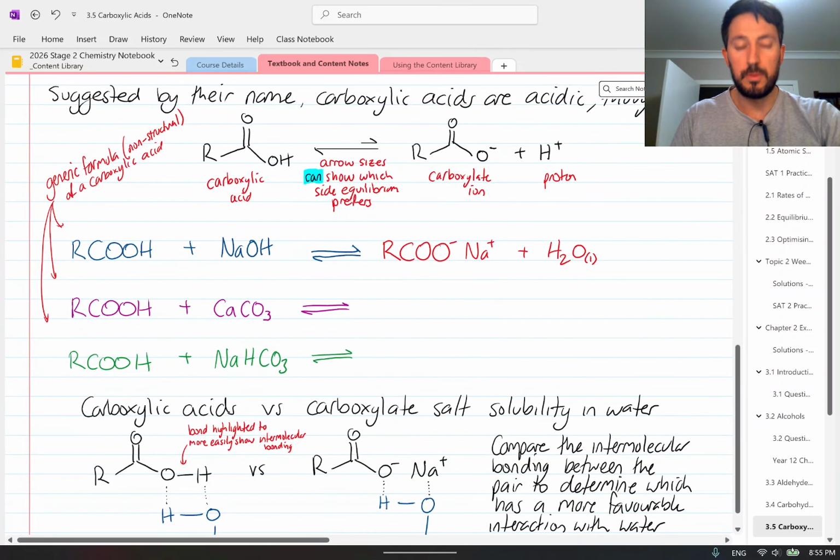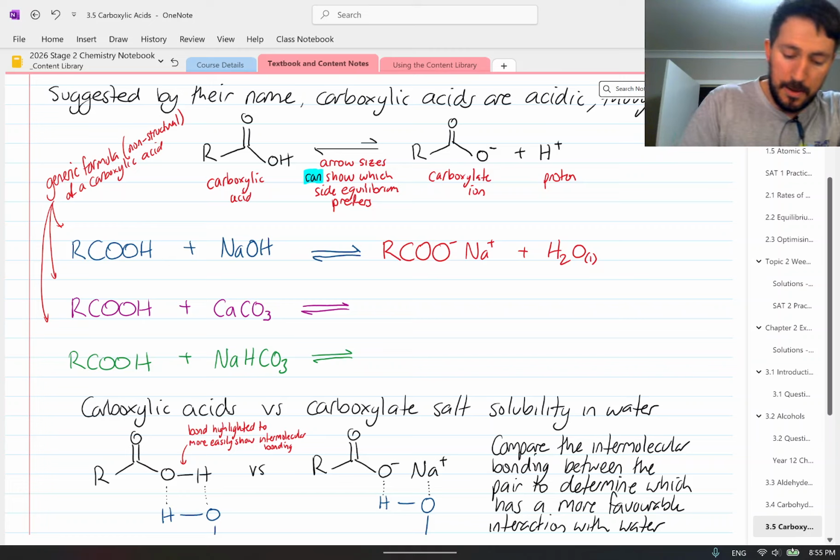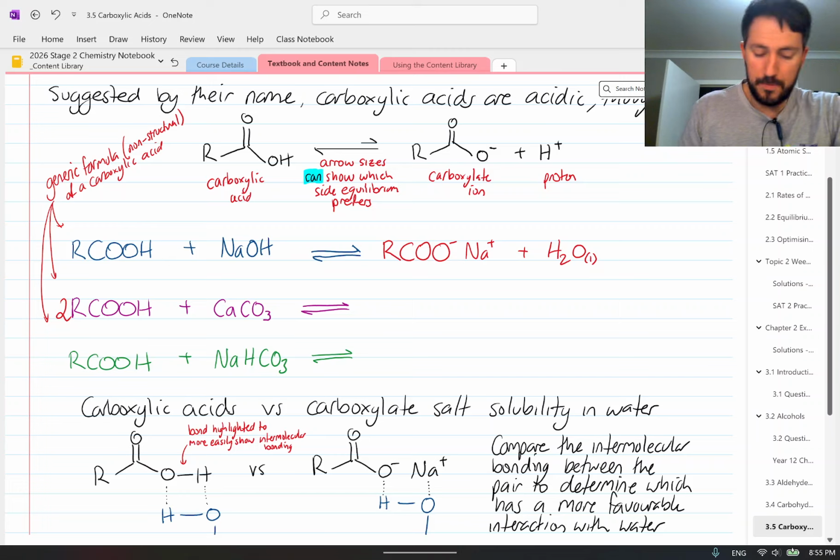Our second one is going to be with a carbonate, a metal carbonate, in this case calcium. There is some subtlety depending on the identity of our metal carbonate. In this particular case, we have our calcium being a +2 ion, and that means that it's going to need to associate with two of our carboxylic acids. So I'll just put a 2 at the front here.